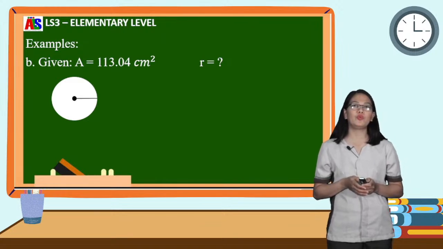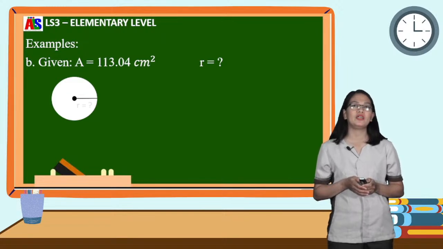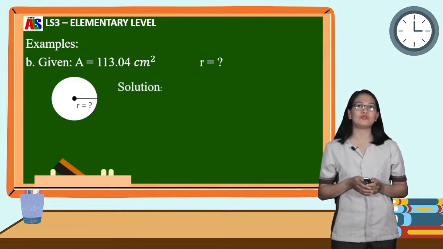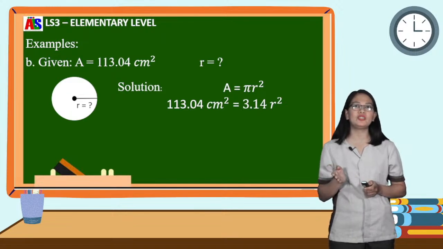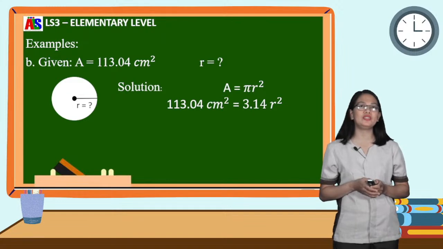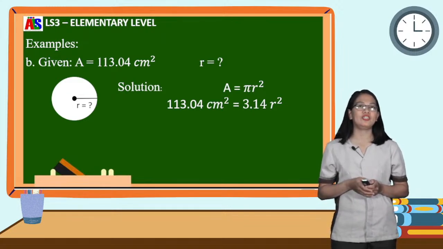Given the area is 113.04 square centimeters, but the radius is unknown. Solution: just write the formula. Okay? After writing the formula, simply substitute the given value, which is 113.04 square centimeters is equal to 3.14 r squared.